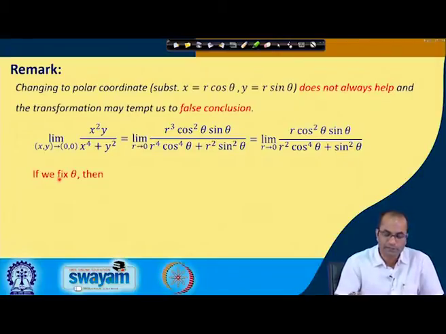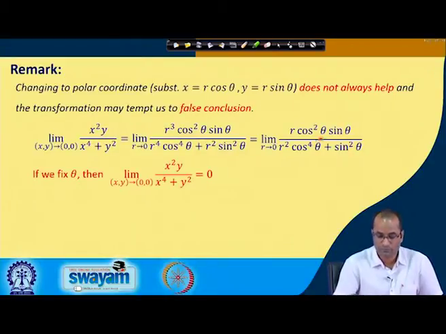Indeed, if we fix theta, so if we fix some value of theta, in that case this limit is 0, because whatever theta, including 0 also, when theta is 0, this will become 0 and then everything will become 0. So, the limit will be 0 in that case also. If we take any other theta, some number will be sitting here and then r goes to 0.